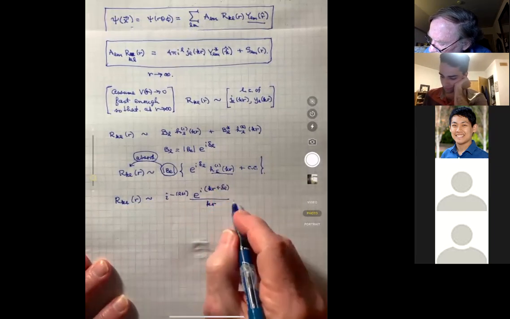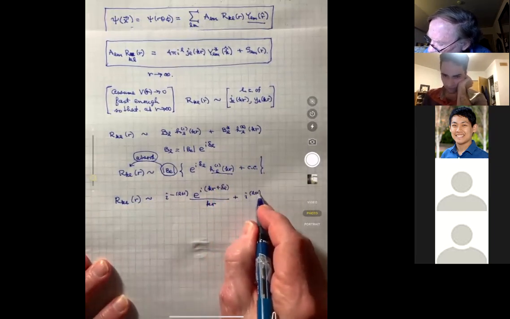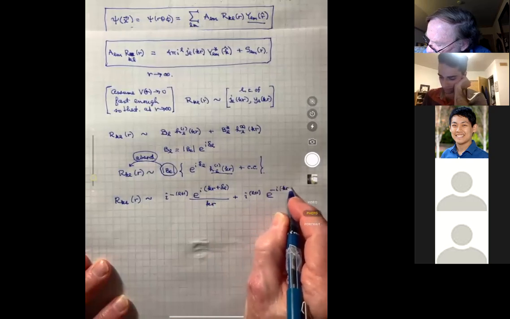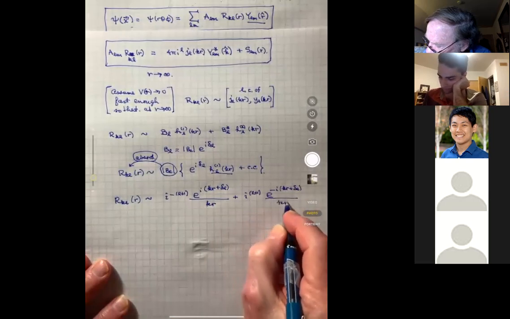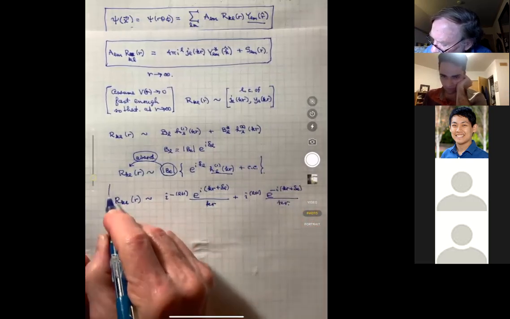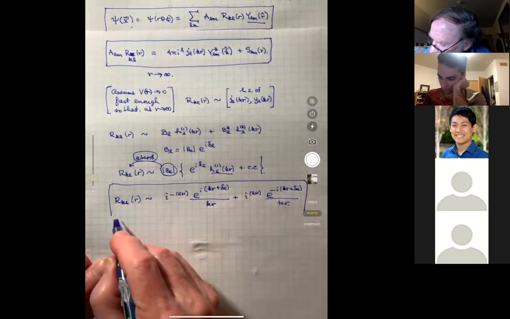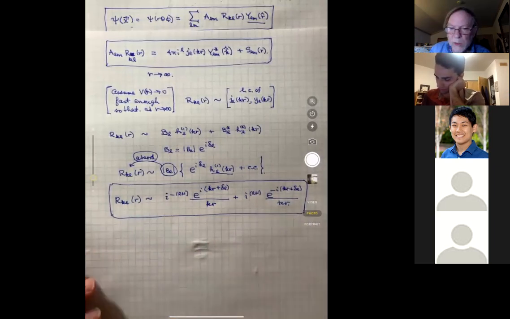That takes care of the first term. And then the second term is a complex conjugate. It's i to the (L plus 1), e to the minus i(kr plus delta L) divided by kr. And let me box that, because this is the asymptotic form of the radial solutions to the radial wave equation for the exact solution.